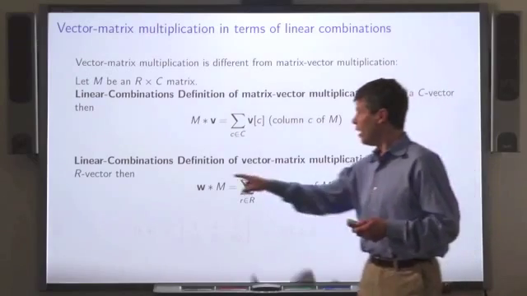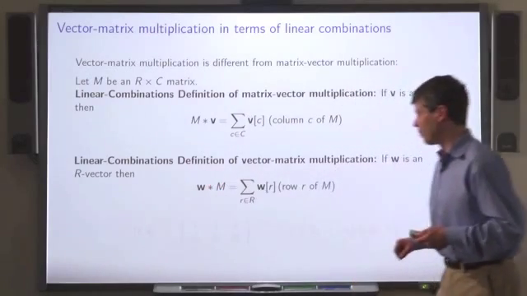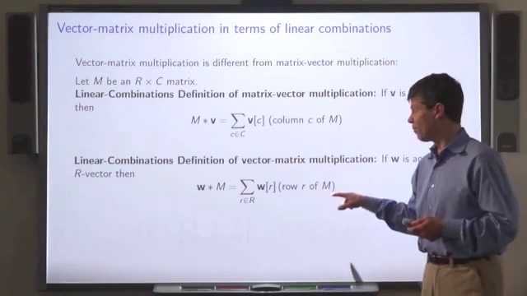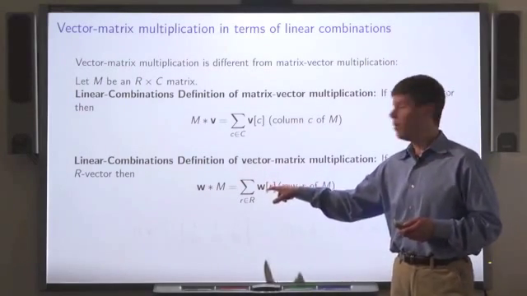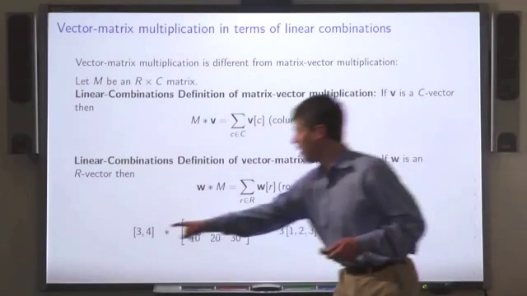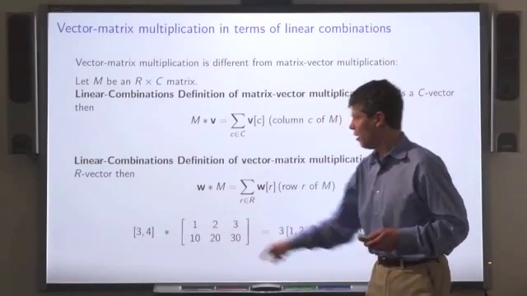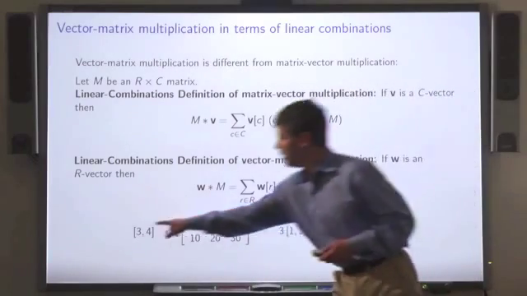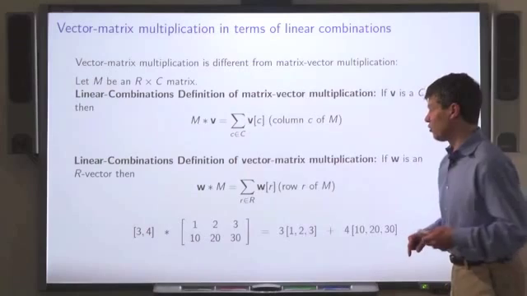To multiply a vector w times M, you take the linear combination of the rows of the matrix M with coefficients given by the entries of the vector. So, for example, multiplying this vector by this matrix, we take the linear combination of the two rows with coefficients equal to the entries in the vector.